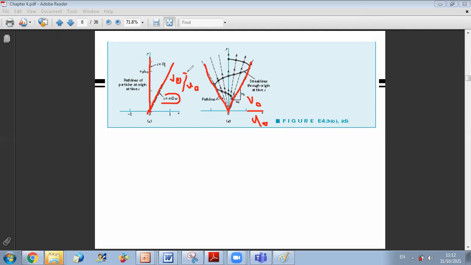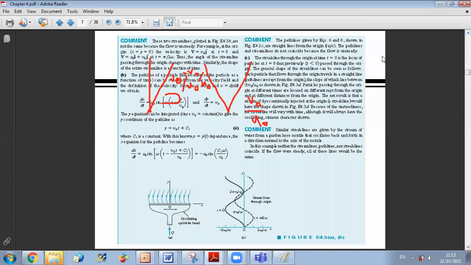How to explain this? To explain this behavior, let us go back to the expression of dx by dt and dy by dt. So if you remember, when we wanted to find the equation of the path line, what was the strategy?